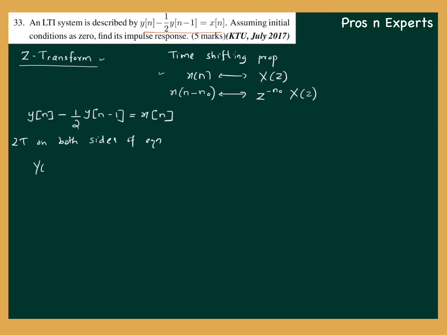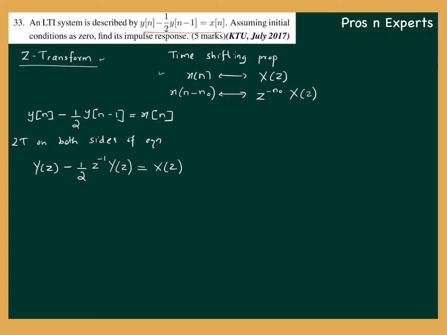It is Y of z, minus half into, what is the Z transform of y of n minus 1? We need to apply this time shifting property, and as a result you'll be getting z raised to minus 1 into Y of z. Okay, that will be equal to, what is the Z transform of x of n? It is X of z, right?